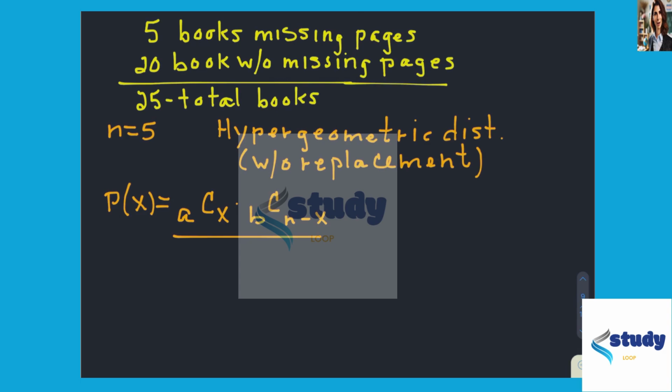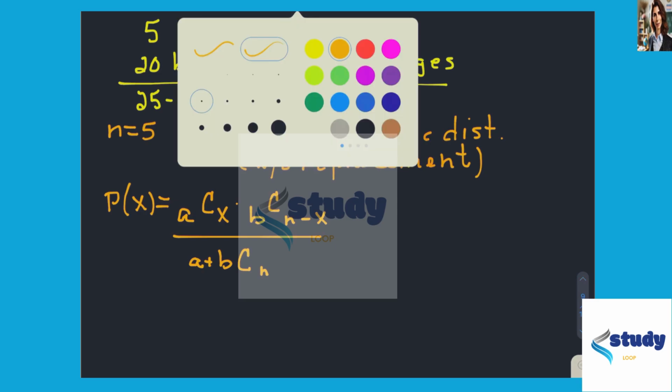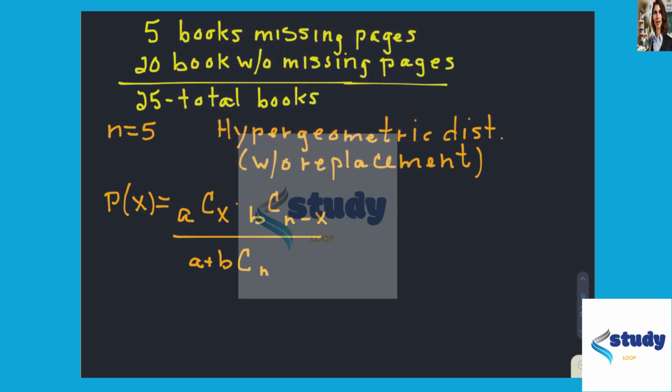And we're going to divide by A plus B items taken N at a time. So A is going to be referencing the books with missing pages, and B is going to represent our books without the missing pages. We already defined what our N was. Our N is going to be 5.